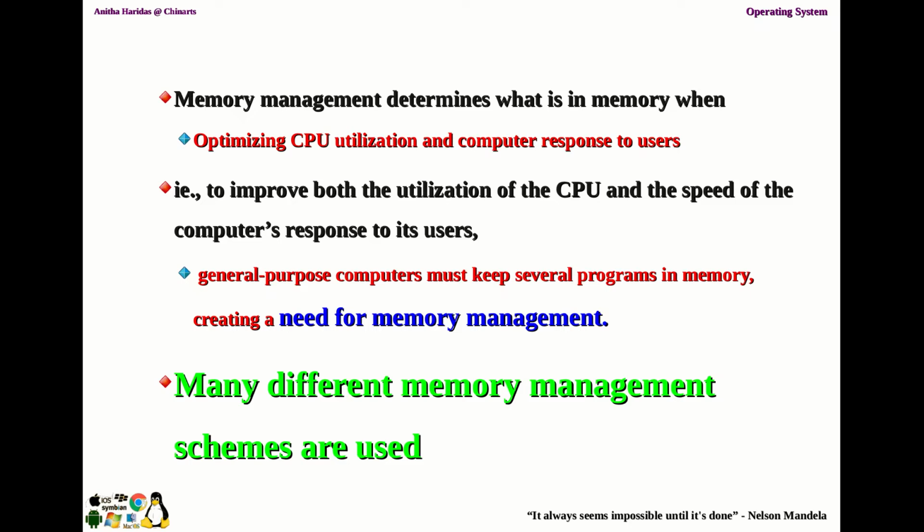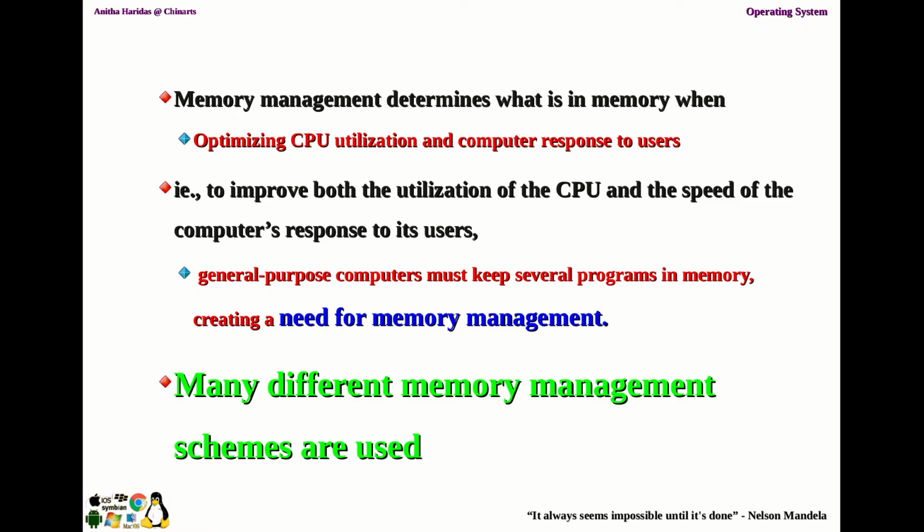Why? Because when one program, or let me say one process, is doing input-output operation, the other process can make use of the CPU. That is what you call utilization of the CPU in an effective way.